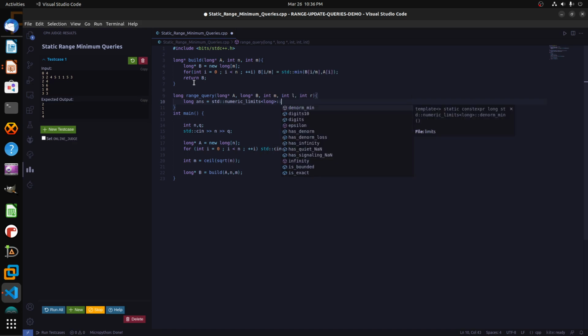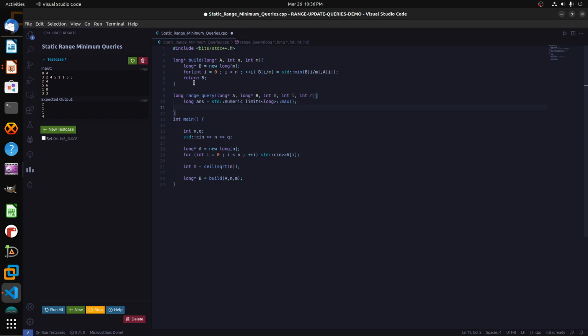In C++, I will use numeric limits, plus infinity, which is the function max in the numeric limits namespace. And we keep checking if the left boundary is always less or equal to the right boundary.